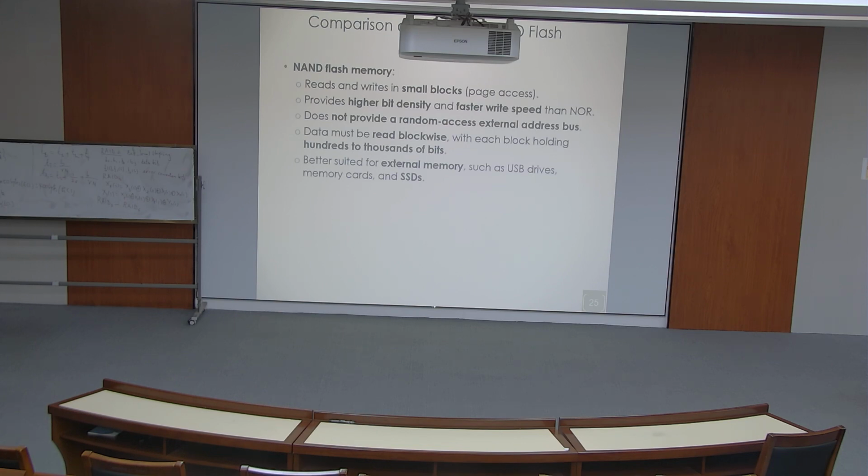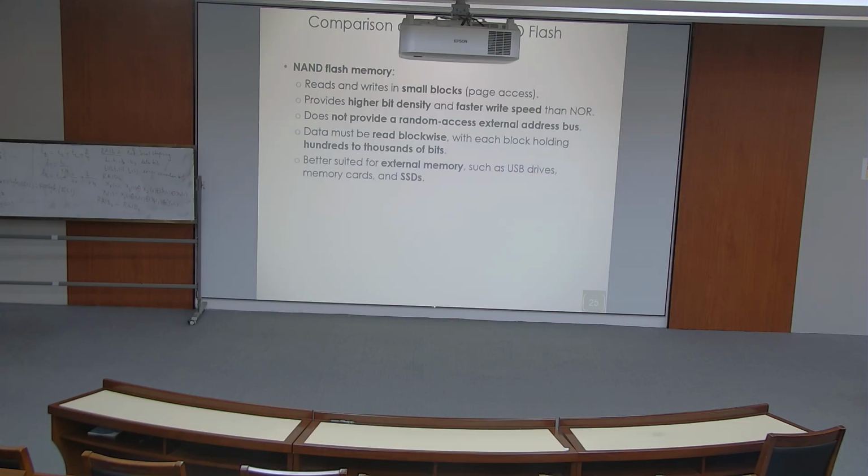So that means that the unit of reading data in NAND flash memory is a block, and each block holds hundreds to thousands of bits. It is suitable for external memory, like USB drives or memory cards, as well as solid state drives that we're going to discuss shortly.